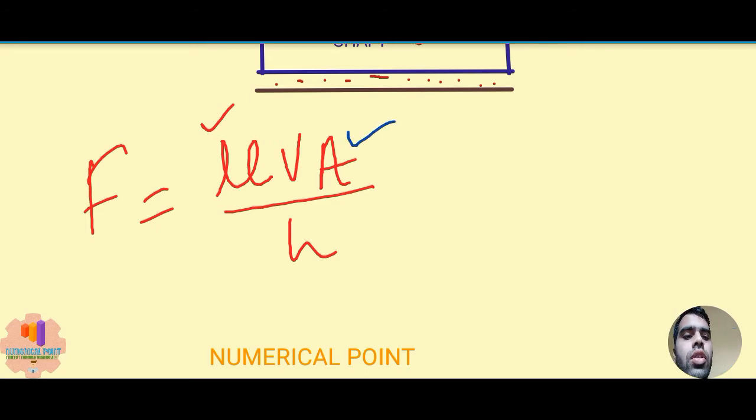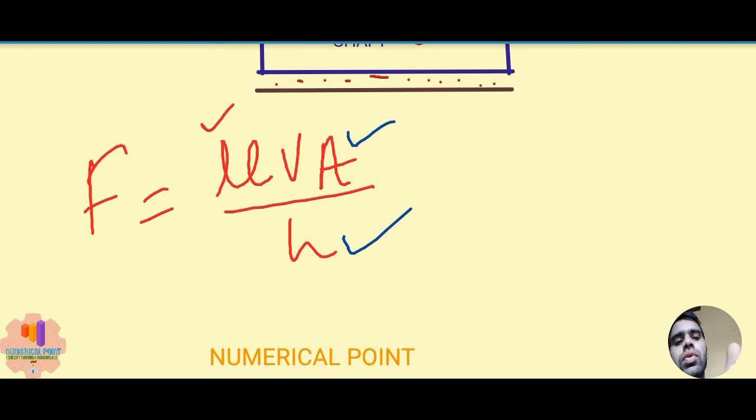A is constant because the surface area of the shaft or sleeve is not going to change, and H is also constant because the clearance between the shaft and the sleeve will not change when you apply the force parallel to the shaft.